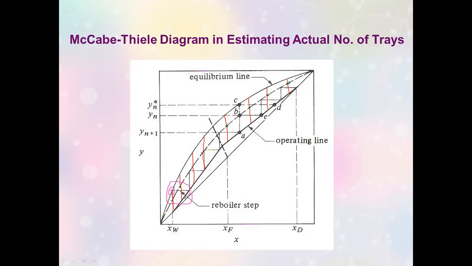Since the reboiler is not part of your column, you would know the way you draw the last step, because you're about to go beyond or arrive at XW. This is your reboiler step. So it has to be drawn on the original curve of your system, whatever that system may be. Do you get it?